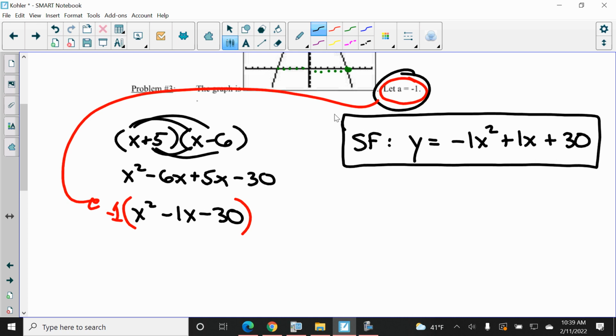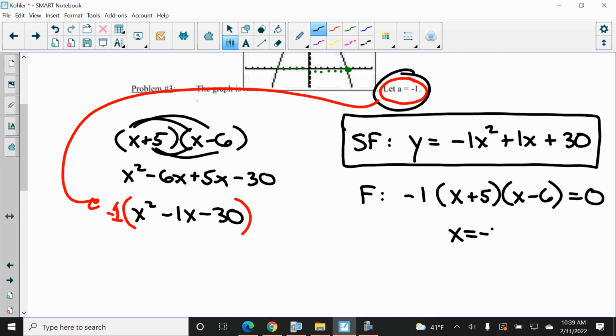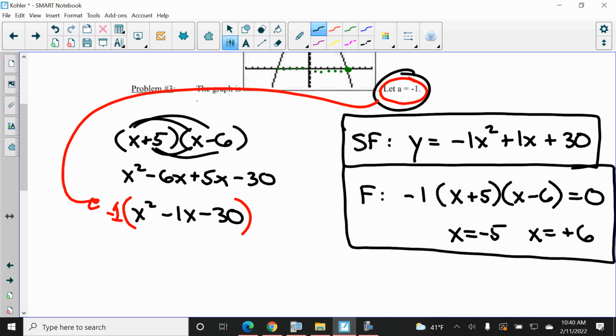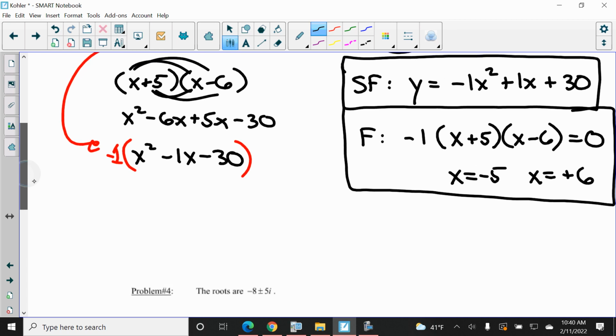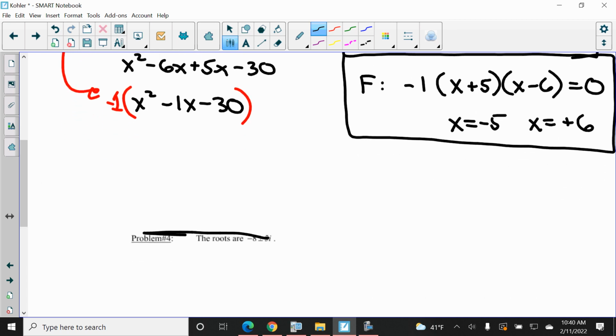And again, we're not going to really go through the factoring. I'm going to reverse. So real quick, if we were to factor this, I would have the -1, but I got the x plus 5, x minus 6, and that my answers were x equals -5, x equals +6.